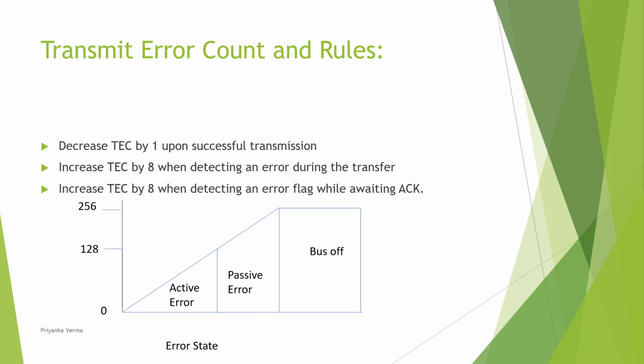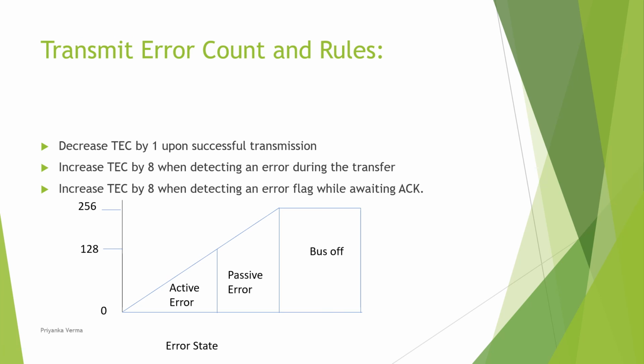Same here, when a successful transmission is detected, this counter will be reduced by 1 and increased by 8 when there is an error during the transfer. It will also be increased by 8 when it's detected that any of the nodes have sent the error flag while awaiting the acknowledgement.